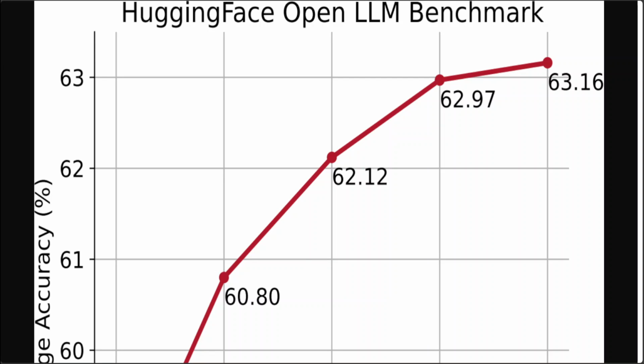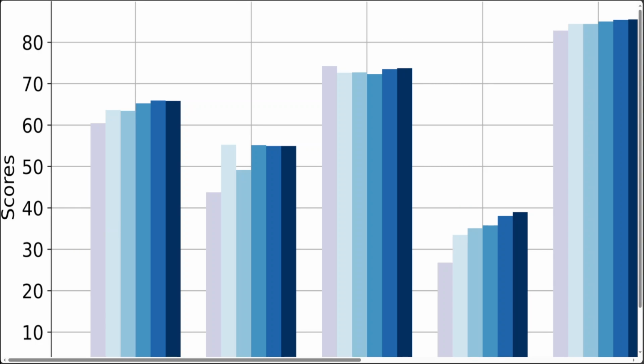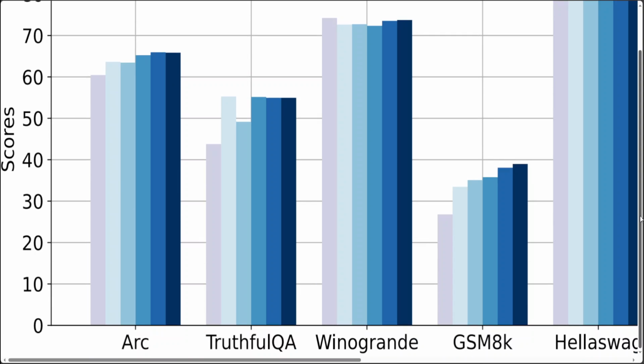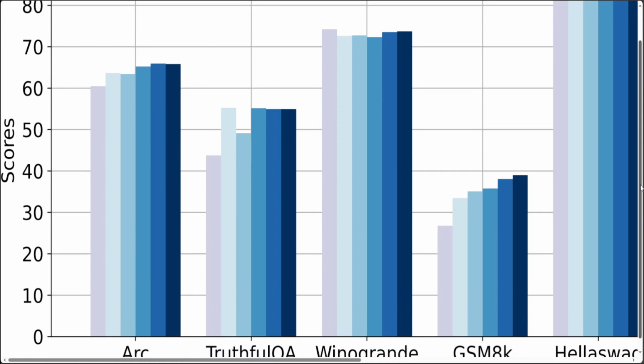For example, if you look at this one, what is happening is that this is the average score of SPIN at different iterations on the Hugging Face Open LLM Leaderboard, and you can see that it is improving with each iteration. Now, if you look at this diagram, this is showing you performance comparison with DPO training across the 6 benchmark datasets.